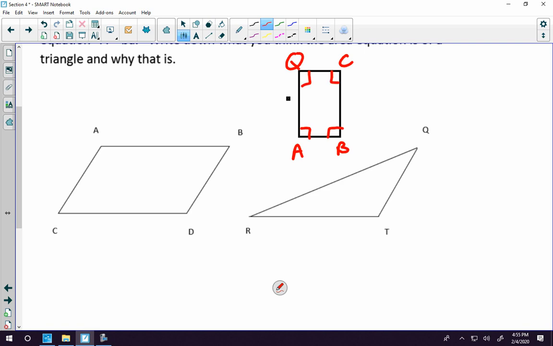What we discussed in 8.3's lesson is that the space inside of a rectangle can be found using area equals base times the altitude, right?